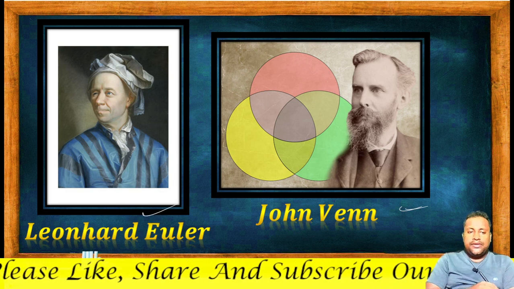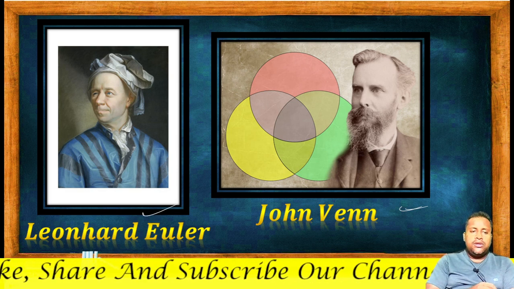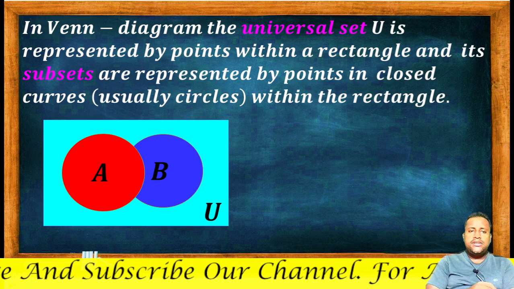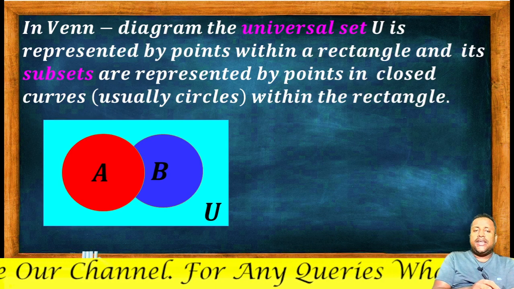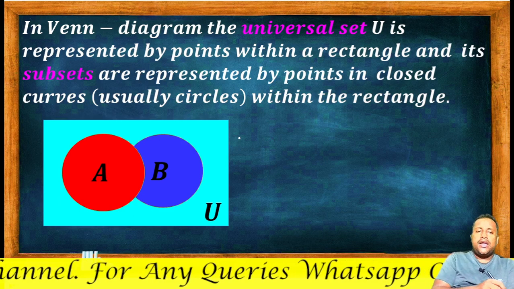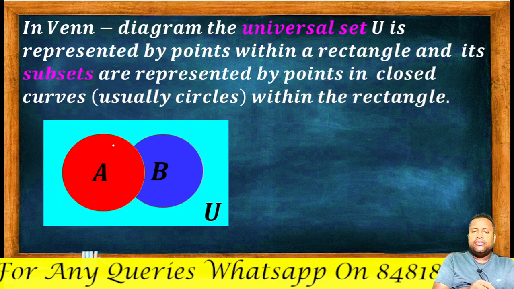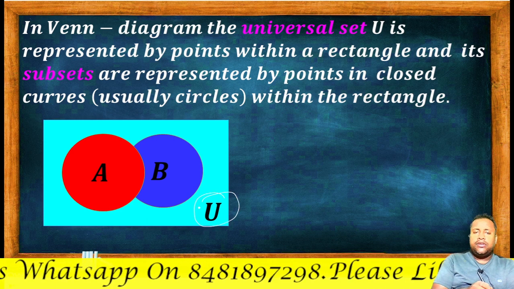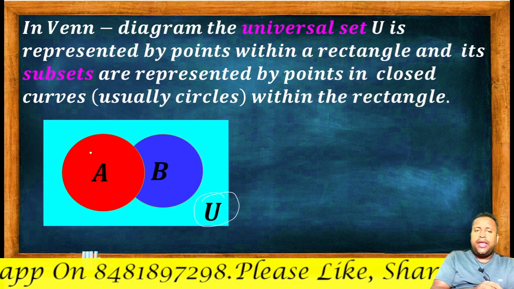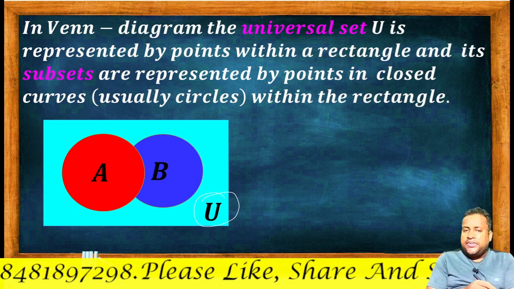And in a Venn diagram, how can we represent sets? First, the universal set is represented by a rectangle, and here A and B are two of its subsets.